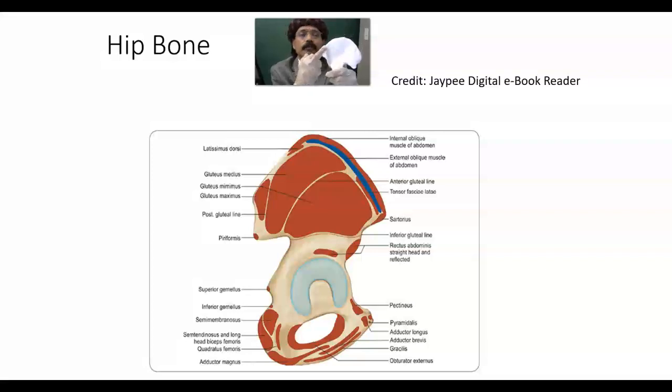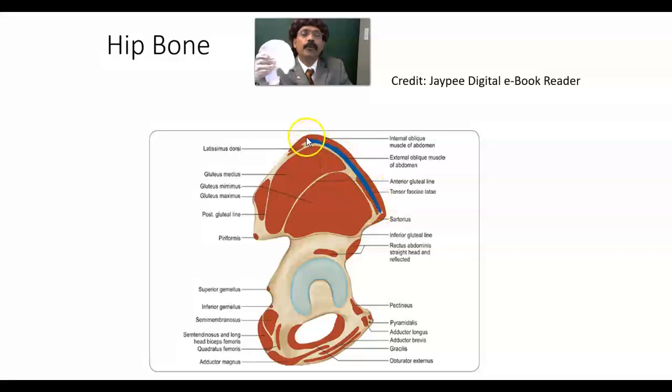The structure attaching to the outer lip is the insertion of the external oblique muscle of the abdomen here, external oblique muscle here. It is also the site of attachment to the fascia lata. Also, we'll get the origin of the tensor fascia lata here, tensor fascia lata.